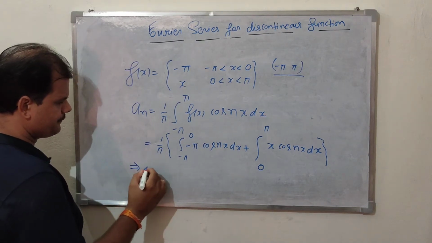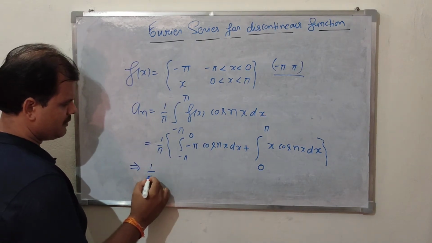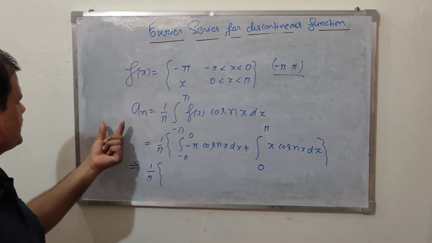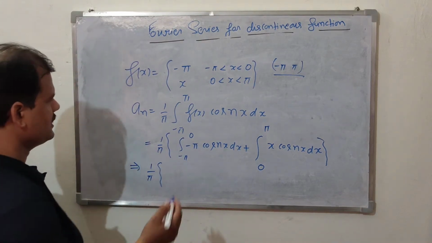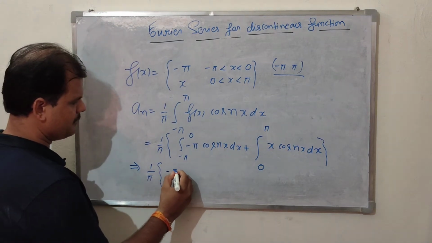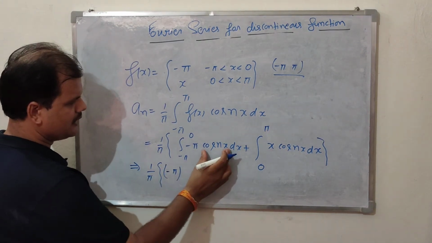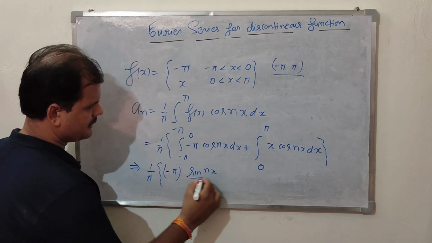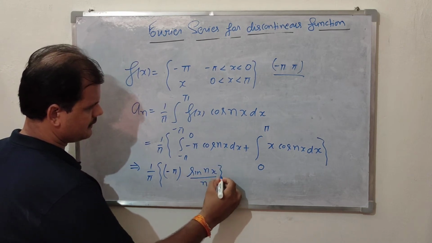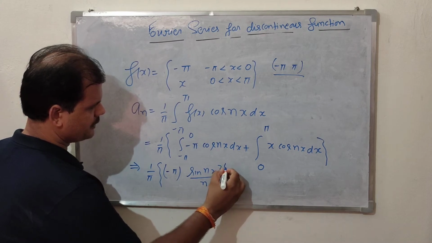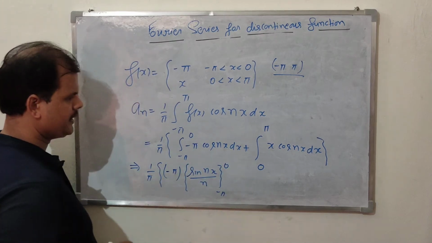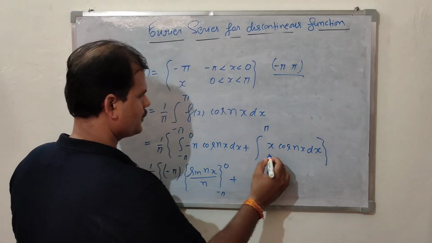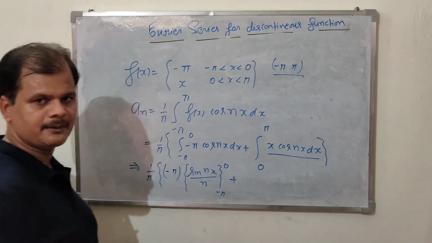So let me integrate 1 by pi. So the first integration, cos integrates to sine. So we get minus pi, as it is a constant, and this will be sine nx by n, interval minus pi to 0. Fine. First term. And for the second term, we have to go by integration by parts.